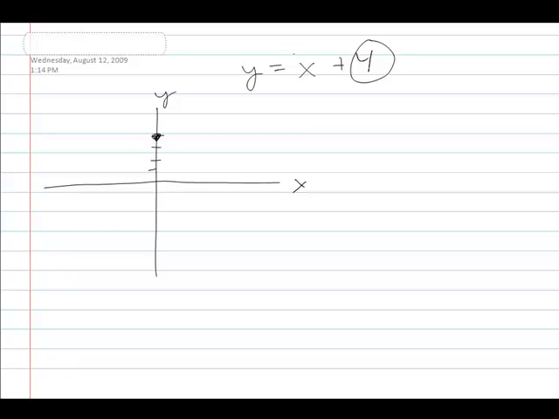Now if I take a look at my slope, which is the coefficient in front of the x term, here it's a 1. So if my slope is 1, if I were to write that in a fraction, it would simply be 1 over 1. So from the point that I already know, which is the y-intercept, to find the next point on the line, I'm going to go from there, up 1, and over 1. So now I'm right here. Now that I have 2 points, I can draw a line through those 2 points, and that's the line I'm looking for.